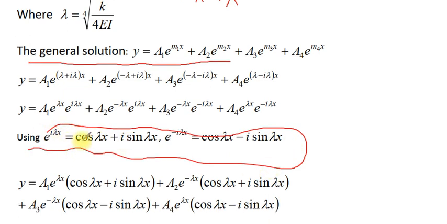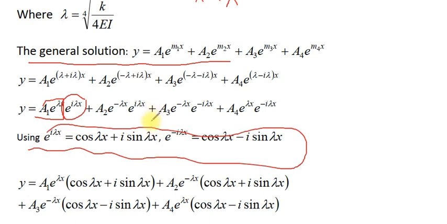Use these in the main equation: y equals a1 e to the lambda x, and instead of e to the i lambda x, replace it by cosine lambda x plus i sine lambda x.